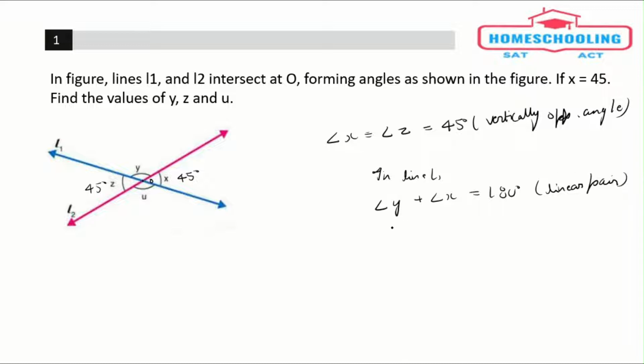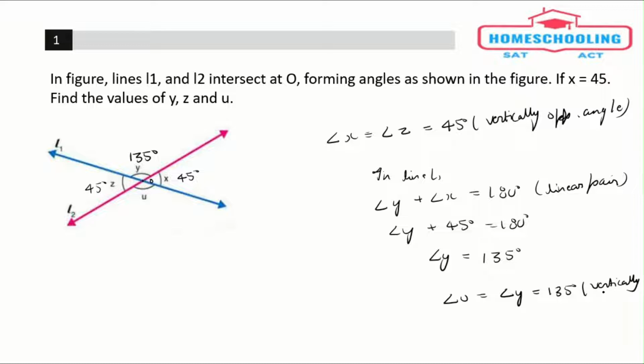As we know, this angle is 45 degree. So angle y would be 180 minus 45, that would be 135 degree. So this is 135 degree, and angle u would be equal to angle y, that would be 135 degree, because both the angles are vertically opposite angles.